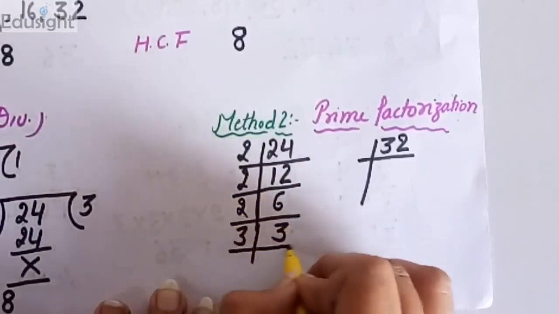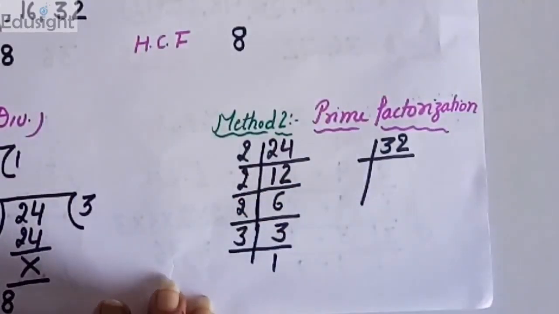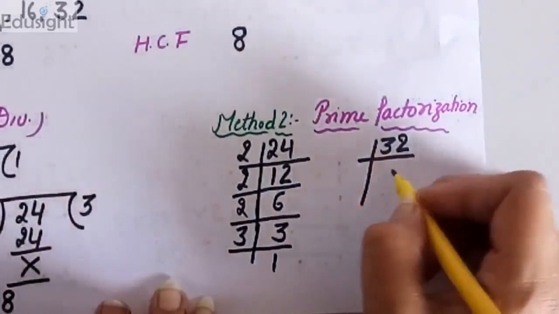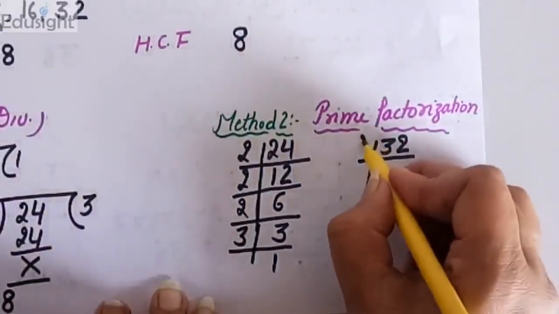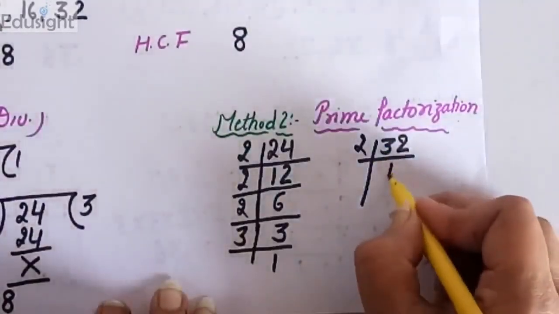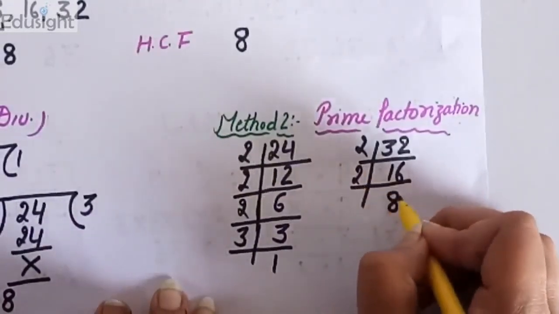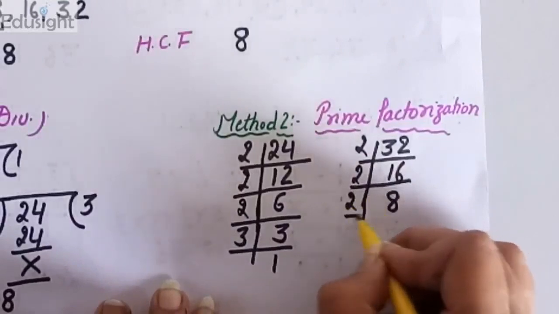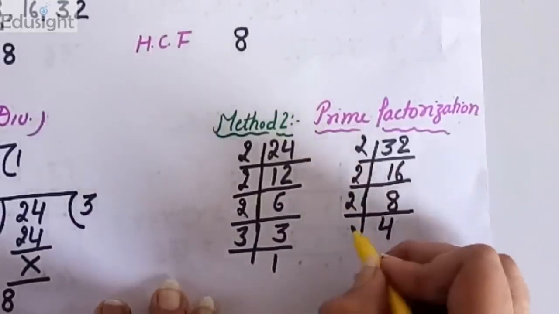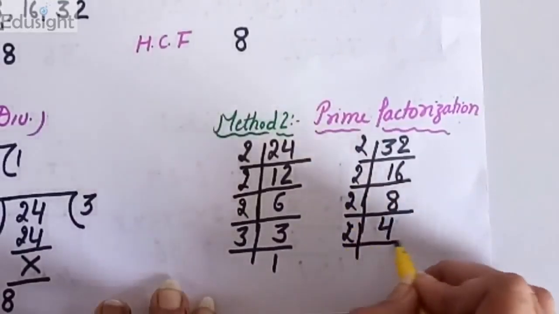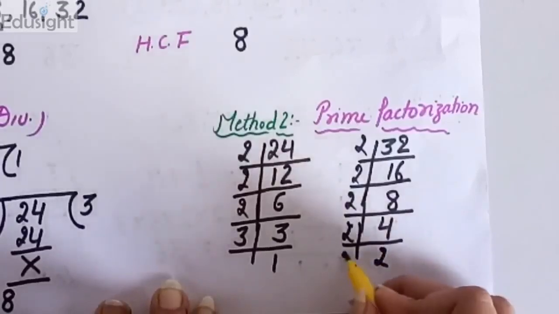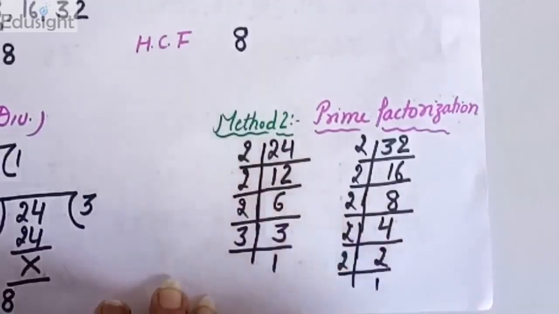And 3 divided by 3, 1. Now 32 again comes in 2's table. So 32 divided by 2, 16. 16 divided by 2, 8. 8 divided by 2, 4. 4 divided by 2, 2. And 2 divided by 2, 1.